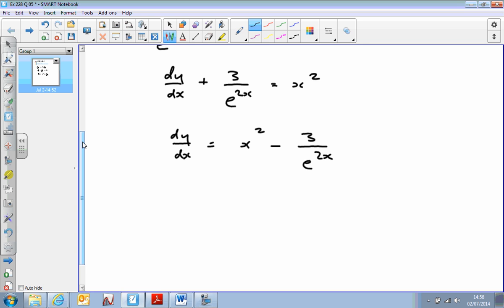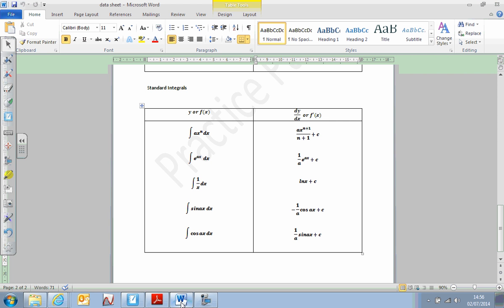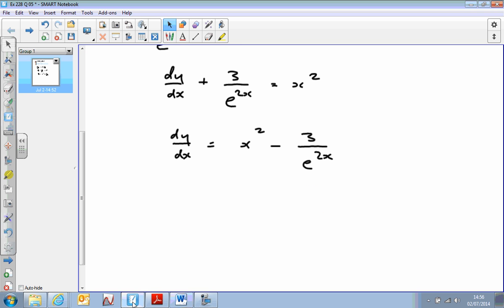And now I have to remember that if I look at my table of standard integrals, I've got e to the ax here, but I haven't got 1 over e to the ax. So remember that the inverse is the negative power using the laws of indices. 1 over x to the a, for example, can be rewritten as x to the minus a.